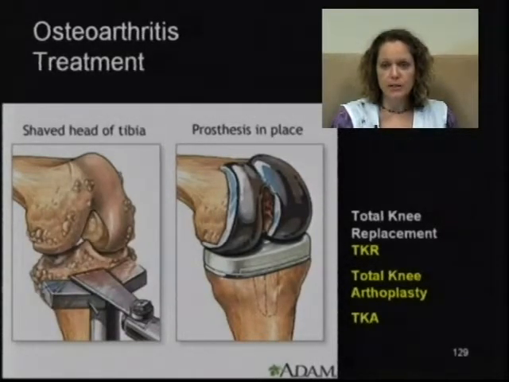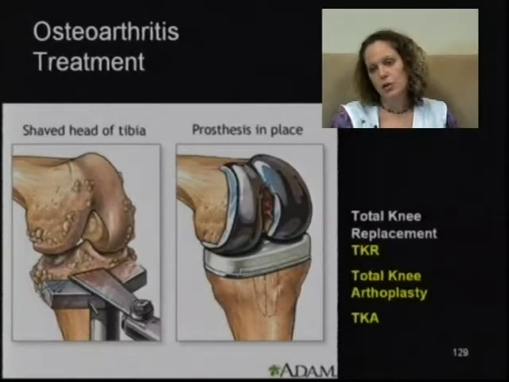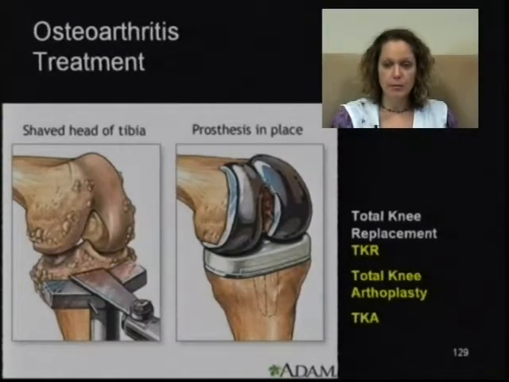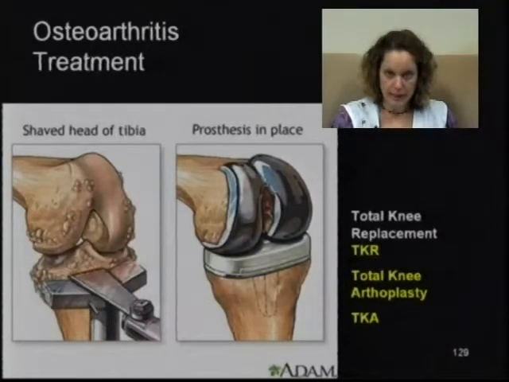This little picture shows us a new articular surface, right? So the two places where the bones meet, this is the knee joint, have been replaced with prosthetic materials. All right, this can be referred to as TKA, total knee arthroplasty, or TKR, total knee replacement.